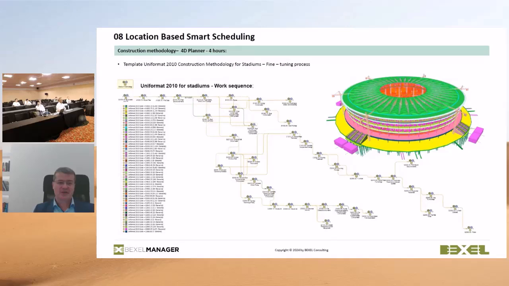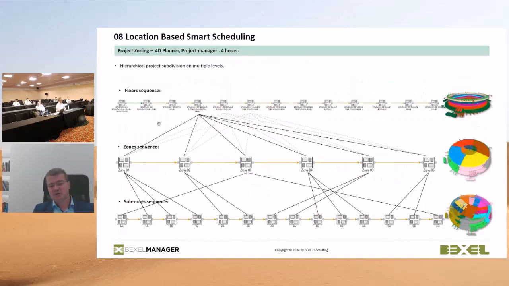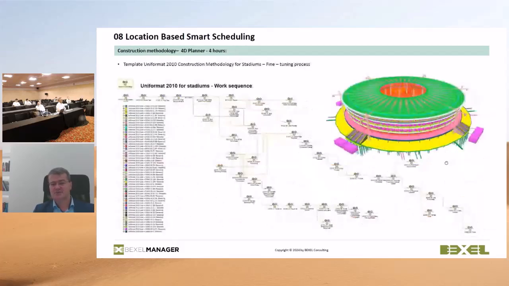And if you want to change something, that's how what-if scenarios are done. You just change the relationships here, or change that you should wait for a certain thing or do two things in parallel, and the system automatically regenerates that schedule.